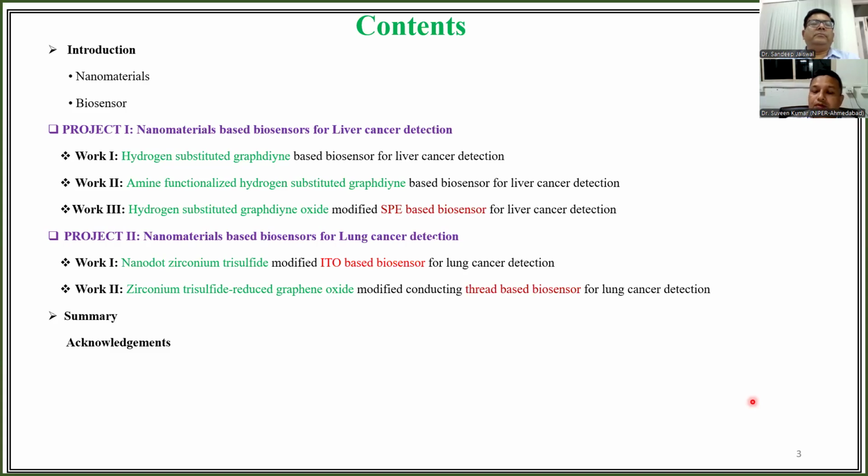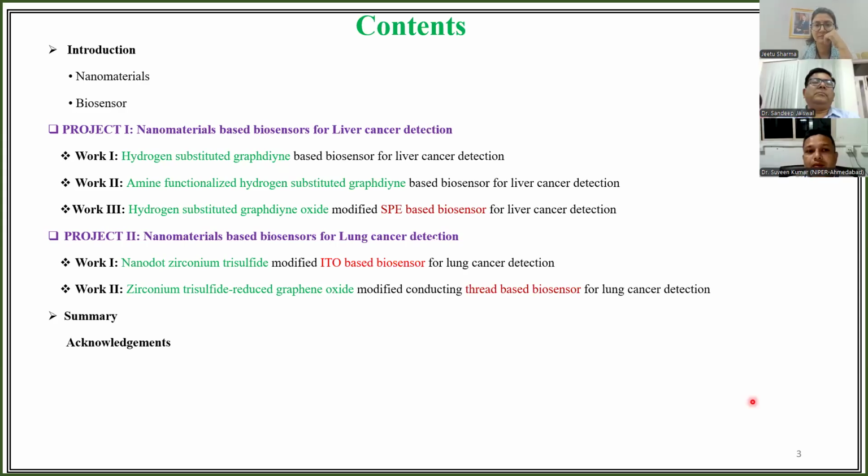And in another work, we have replaced this ITO or traditional electrode with a thread-based biosensing platform. Along with this, we would also like to show some electronic work we are doing in our lab that will be compatible with this developed biosensing platform. So this is the content of today's talk.